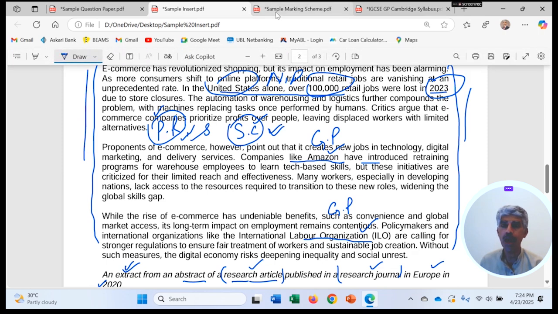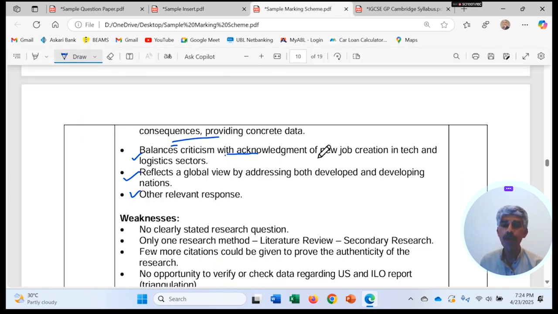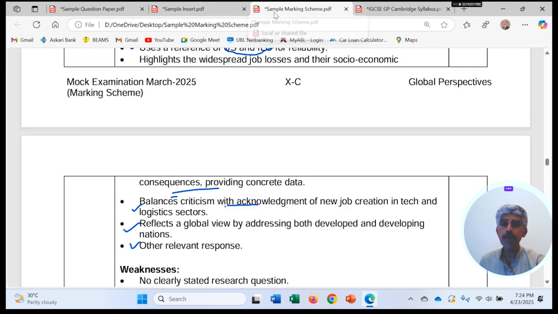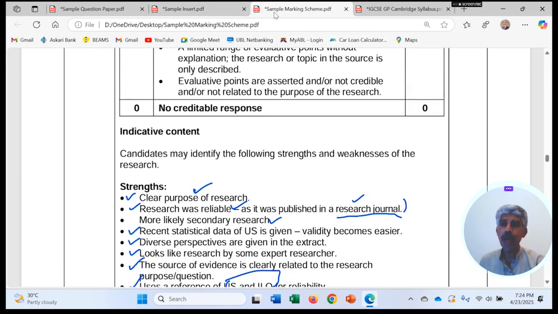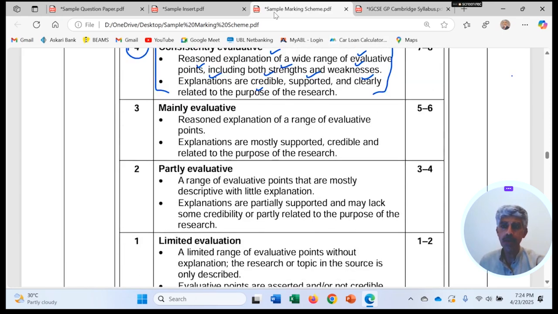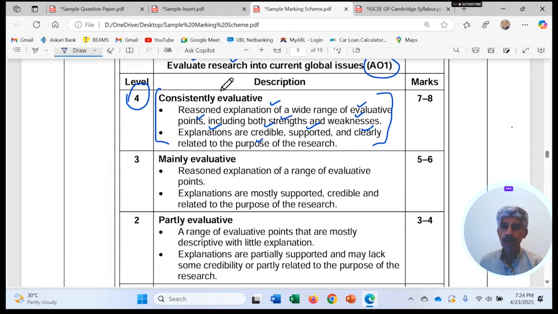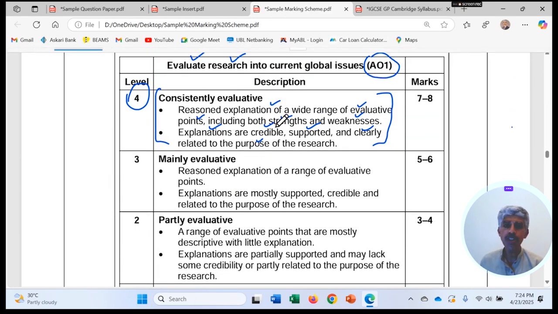So all these strengths are highlighted, and if you explain these strengths, that gives a reasoned explanation of a wide range of evaluative points including both strengths.